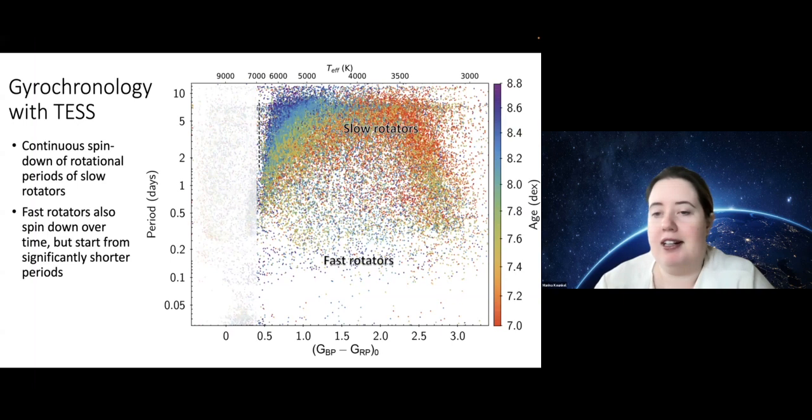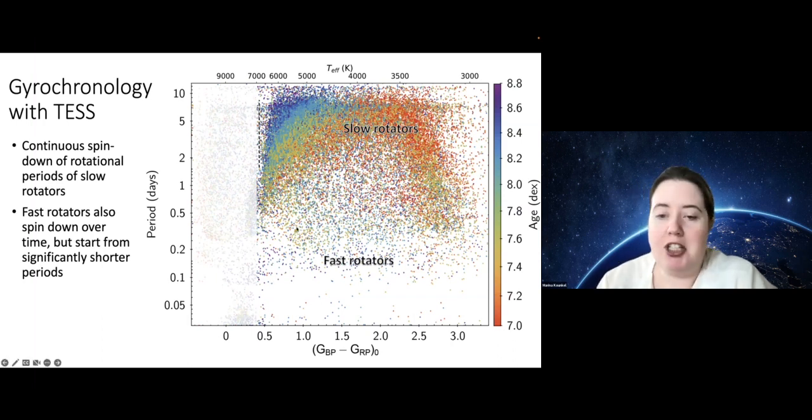And this provides us with the tools to infer ages for stars that aren't necessarily part of the moving groups. Or at the very least, it would be if there wasn't a small wrinkle in here. There are also a lot of stars over here that have very short rotational periods. They're so-called fast or rapid rotators. Rapid rotators also spin down as they age.